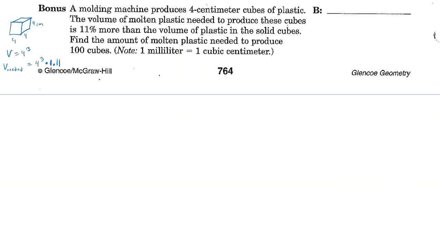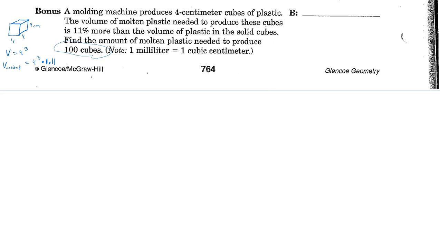Okay, and then it says, so that was the extra, we need 11% more. Find the amount of molten plastic needed to produce 100 cubes. Okay, so we simply go, the volume needed for 1 is this, and then times 100 cubes. So the volume needed is 4 cubed times 100 for the cubes, and then whatever your method of saying add 11%.